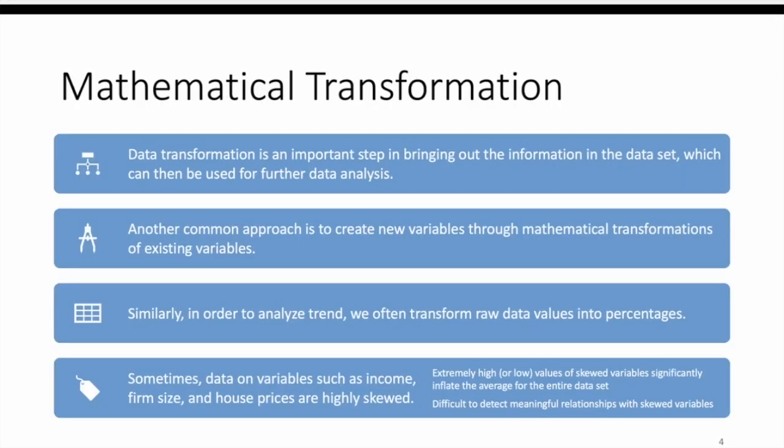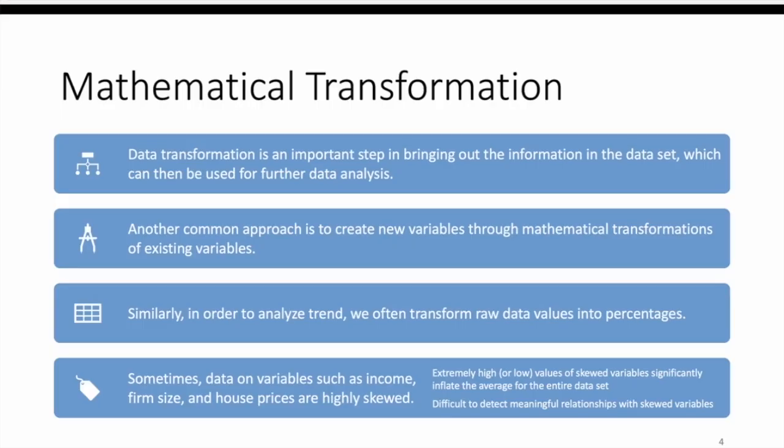Another type of transformation is mathematical transformation. We talked about binning, which is a kind of grouping. Now we will be talking about something else. Data transformation is an important step in bringing out the information in the data set, which can then be used for further data analysis. In addition to binning, another common approach is mathematical transformation of existing variables.